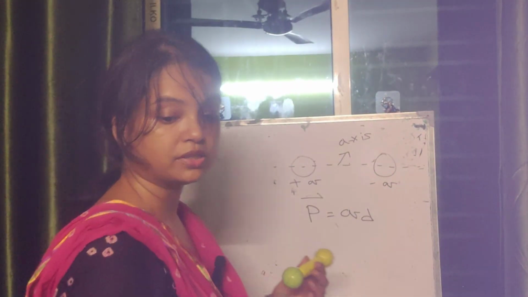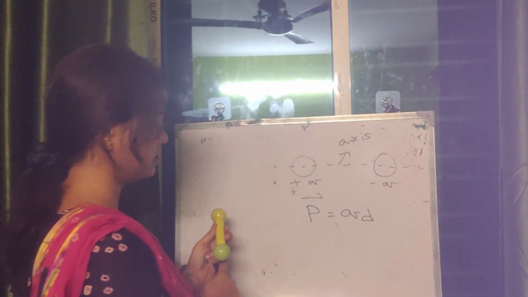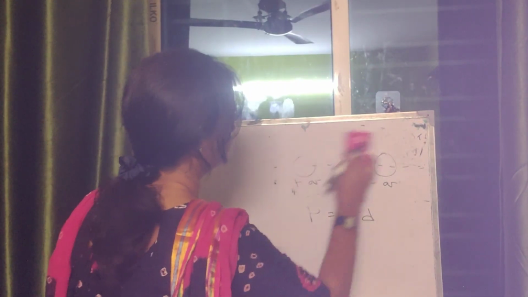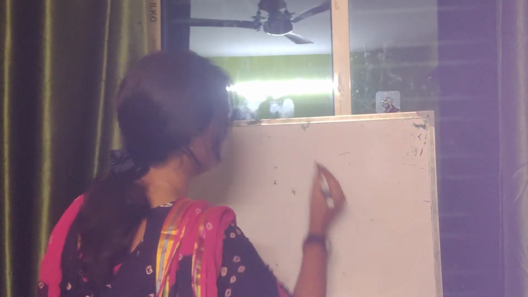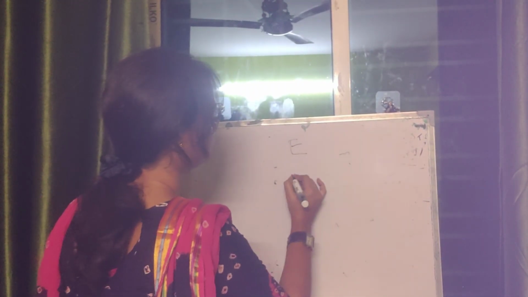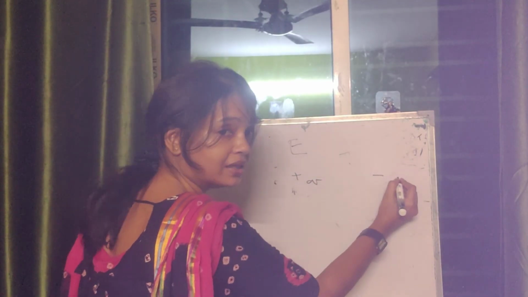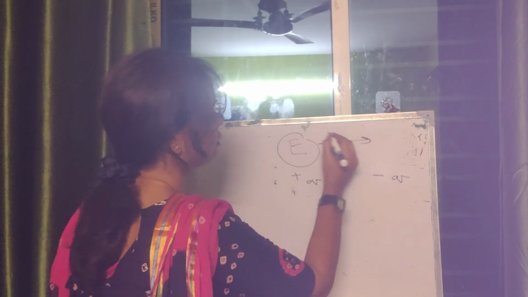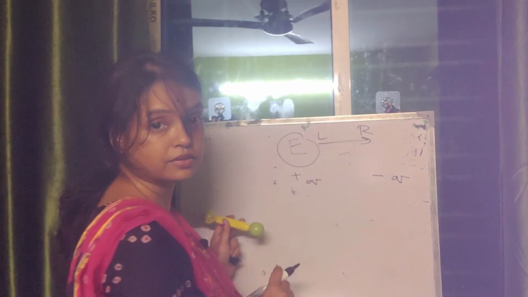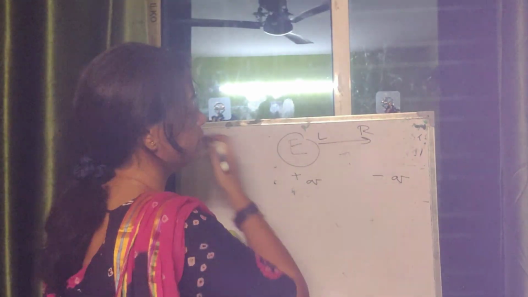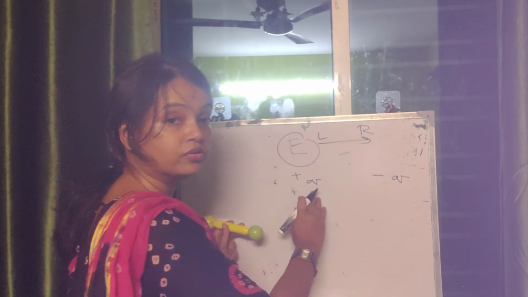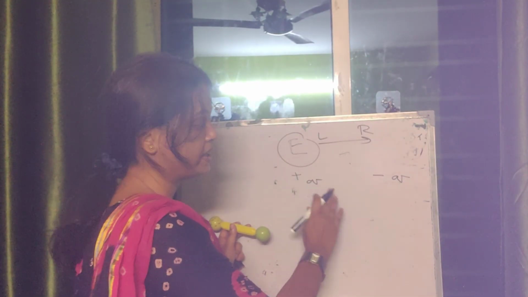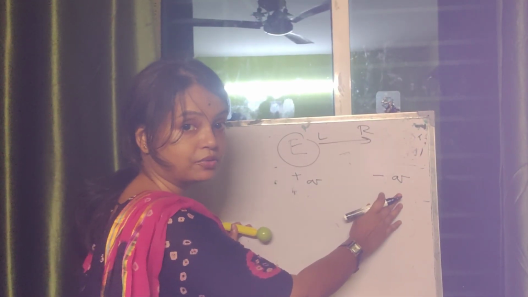Suppose the electric field is applied here, here is the positive charge and this is the negative charge here. Now the electric field is going from left to right. Then the electric field is acting on the positive charge q as well as the negative charge minus q.